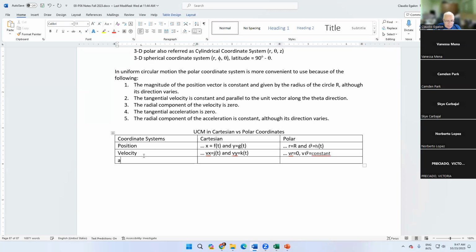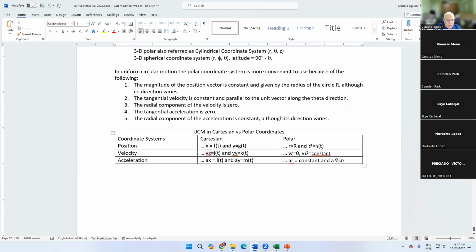And then finally we have the acceleration. a sub x is a function of t, and a sub y is a function of t. In polar coordinates, the acceleration in the radial direction is constant, and the acceleration in the theta direction is 0.